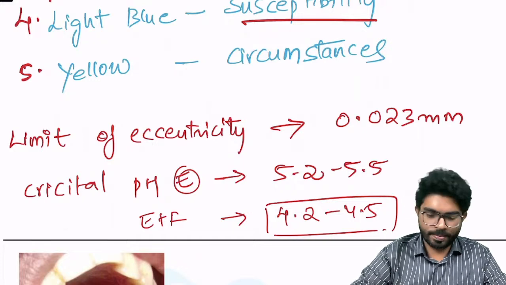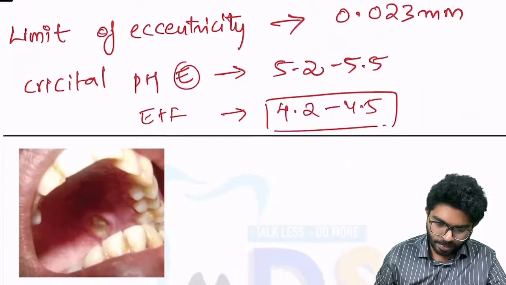Critical probing depth value is 5.4. Okay. Histological probing depth value is 1.8. Normal probing depth value is 2 to 3 mm.